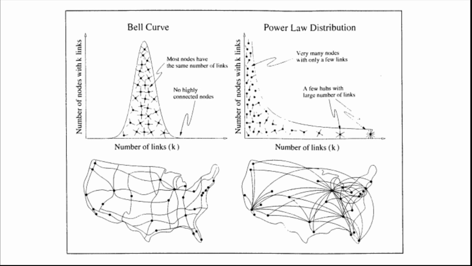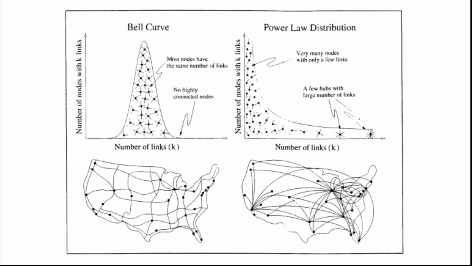Right here, if we look at the power law, we have very many nodes with only a few links. If you talk about the number of nodes, we've got a lot of nodes with a small number of links. And we have a few nodes with a huge number of links right down here. So this is going to represent the majority right here. And right here, we're going to have the minority.